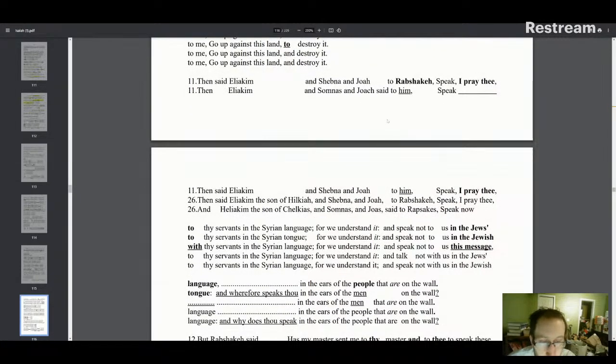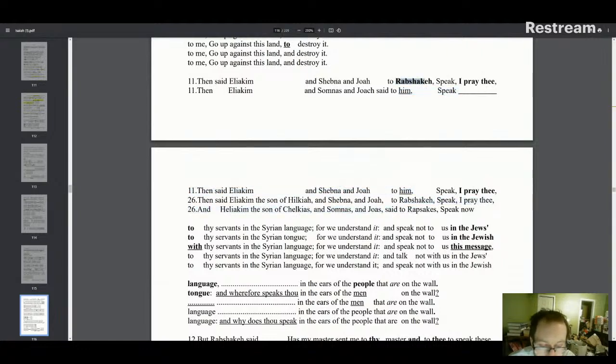Here we have the Hebrew Masoretic says Rabshakeh. The Septuagint says "him," and the Dead Sea Scrolls say "him," but 2 Kings says Rabshakeh. That's a little bit more of a confusing thing because the Dead Sea Scrolls agree with the Septuagint, but 2 Kings agrees with the Masoretic.